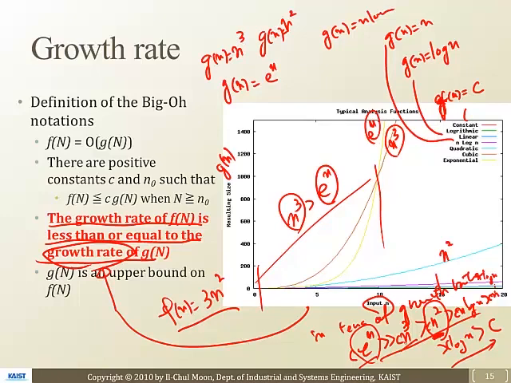So if I claim that its growth rate is c n squared, in other words n squared, then I'm not wrong, and at the same time I'm stating the exact same growth rate that Fn has. That means I'm saying the equal growth rate.